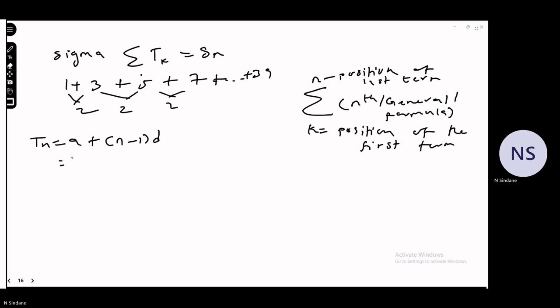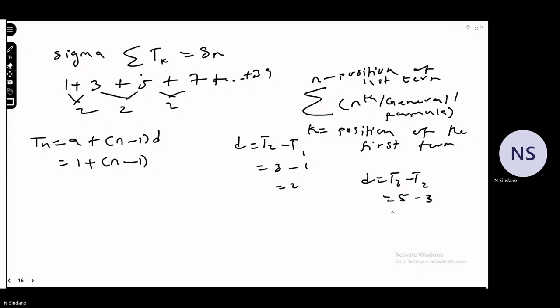So a is represented by 1 plus n minus 1. D is your t2 subtract t1, then it will be 3 minus 1 is 2. D is t3 minus t2, which is 5 minus 3, this is 2 as well. D is represented by 2.